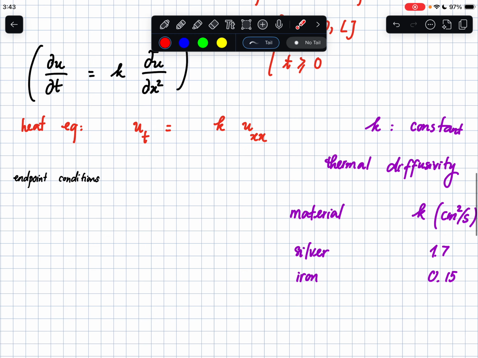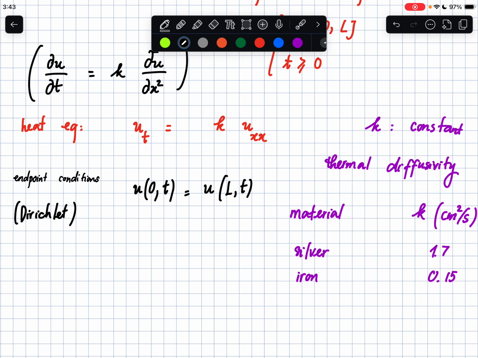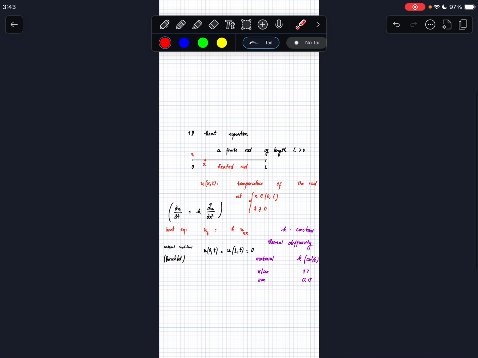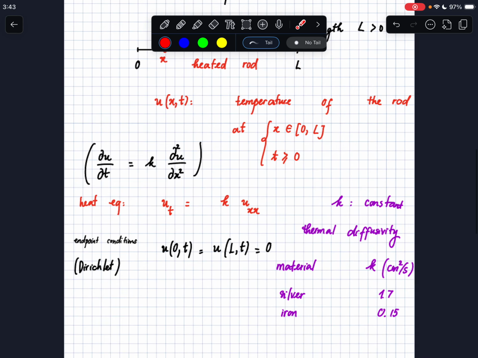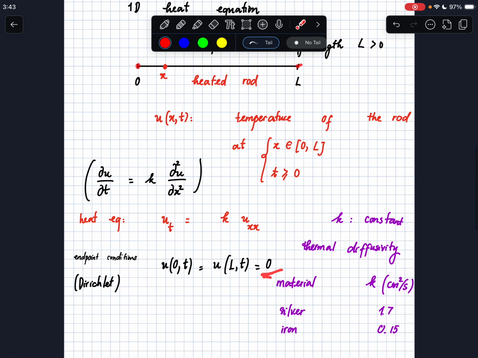In this case, we consider the Dirichlet condition. The temperatures u(0,t) and u(L,t) are both 0. So we keep the two ends of the rod in ice, so we always have temperature 0 degrees Celsius at the two ends.